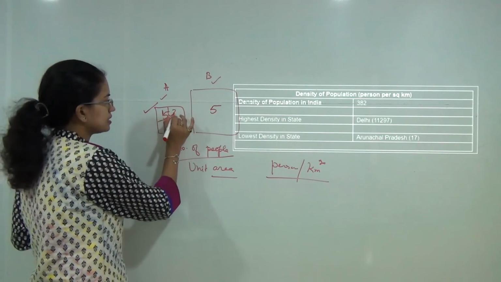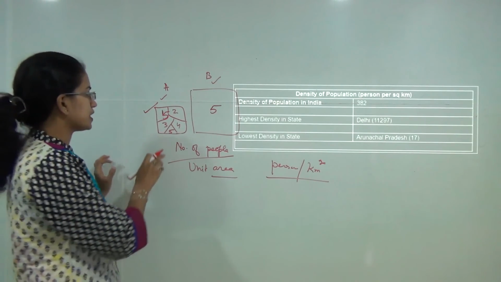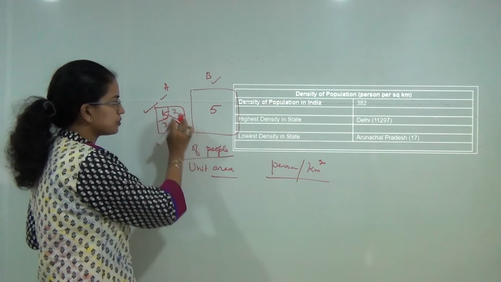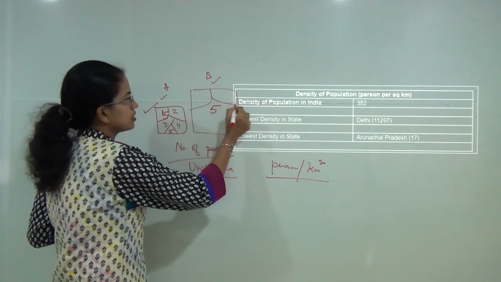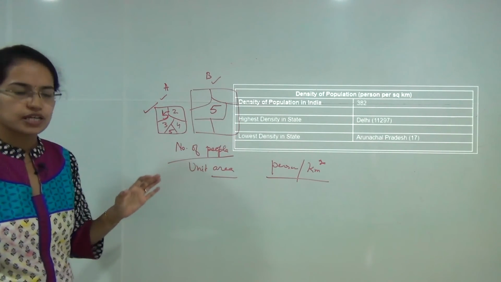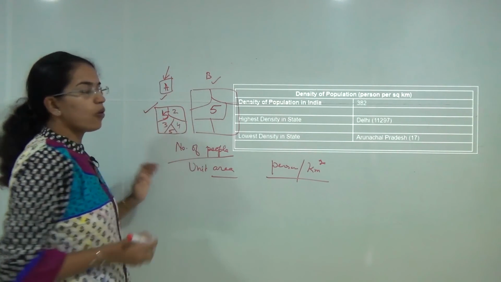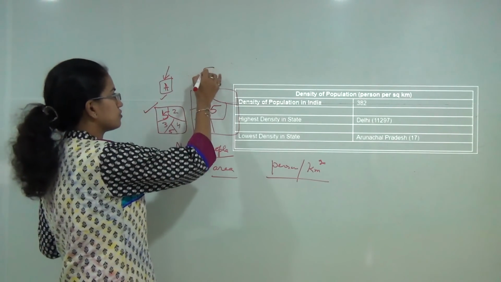In simple terms, the ratio of land for the other case would be much bigger. So density in case of A would be more than the density in case of B.